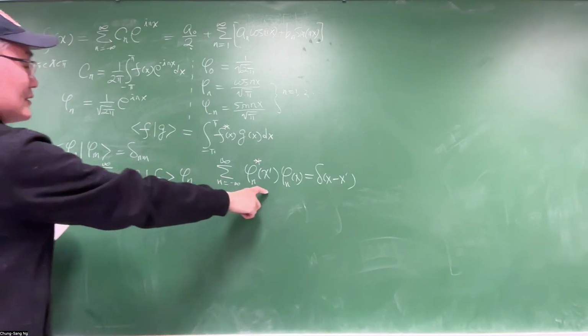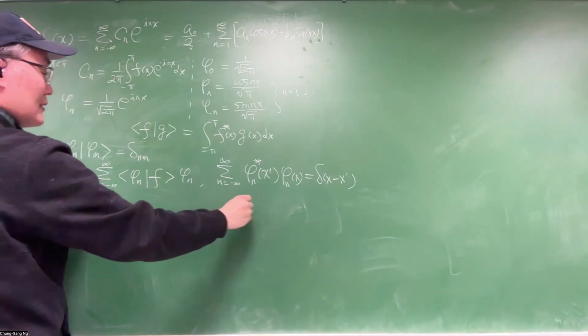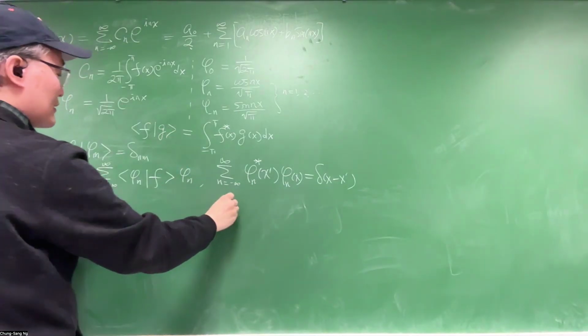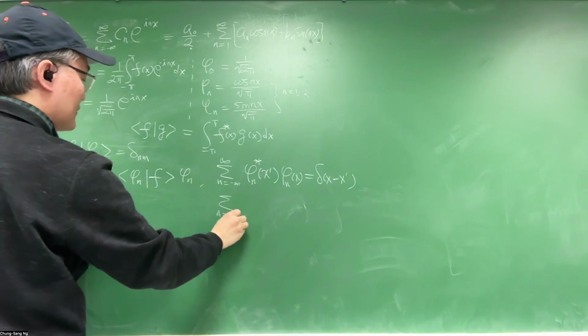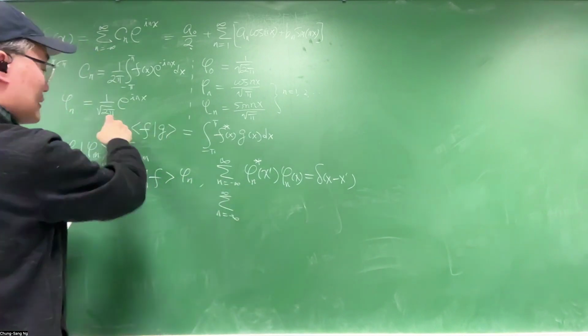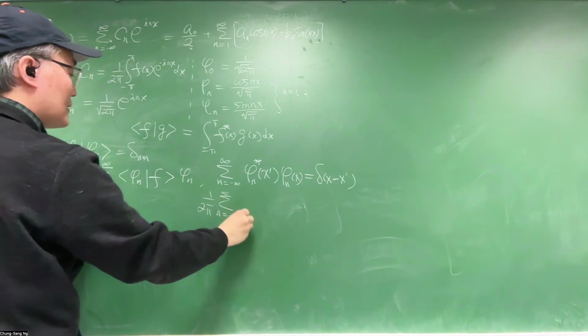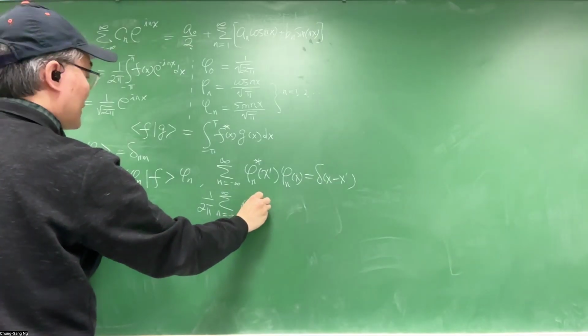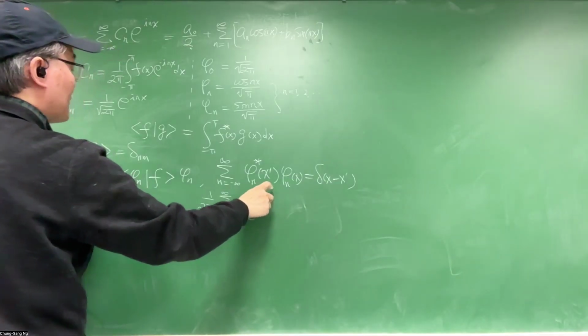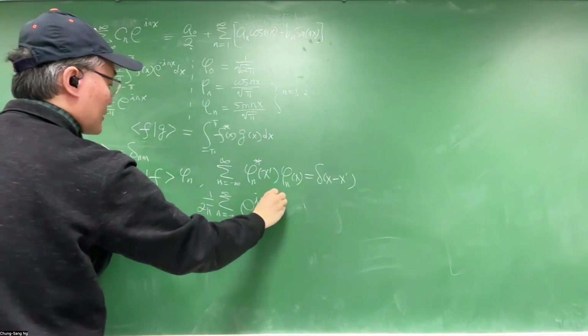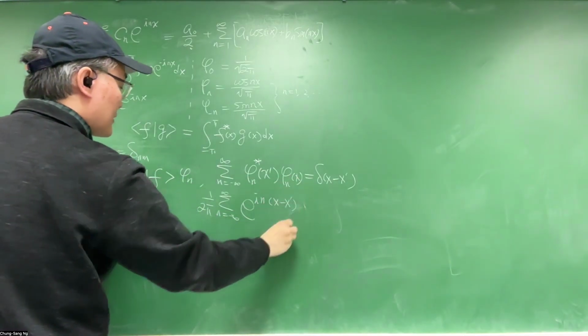That's a little easier to see for phi sub n. You substitute this into this. This becomes just a sum over n, for this particular case. And you have 1 over 2 pi here, the exponential function, and one is the complex conjugate.